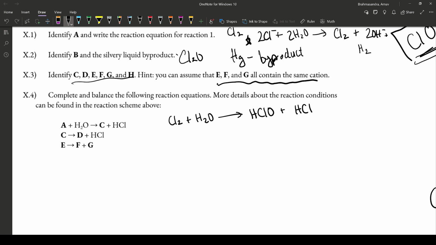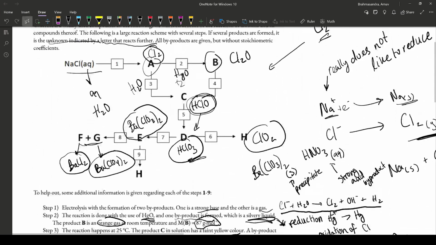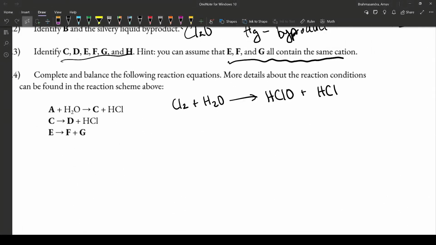That's our first reaction. Next, we have C going to D plus HCl. C was HClO, D is HClO3, so let's write this. HClO goes to HClO3 plus HCl, and this just comes down to balancing. First we want to balance our oxygens. We have 1 oxygen here, 3 oxygens here, so let's put a 3 in front of the HClO.